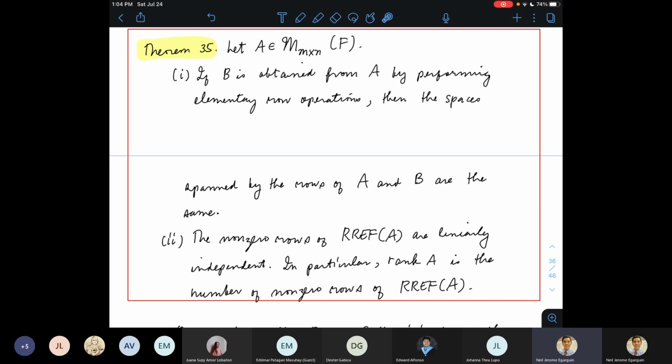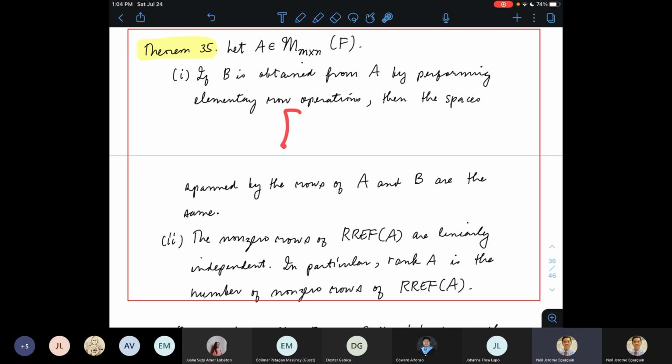Yung elementary row operations ay nangyayari. It is not just a lexicographic operation. Hindi lang siya naglilipat ka ng rows, nagmo-multiply ng scalar, or nag-a-add ng rows to another on its face. Technically, what happens there is that you are pre-multiplying by an elementary matrix.